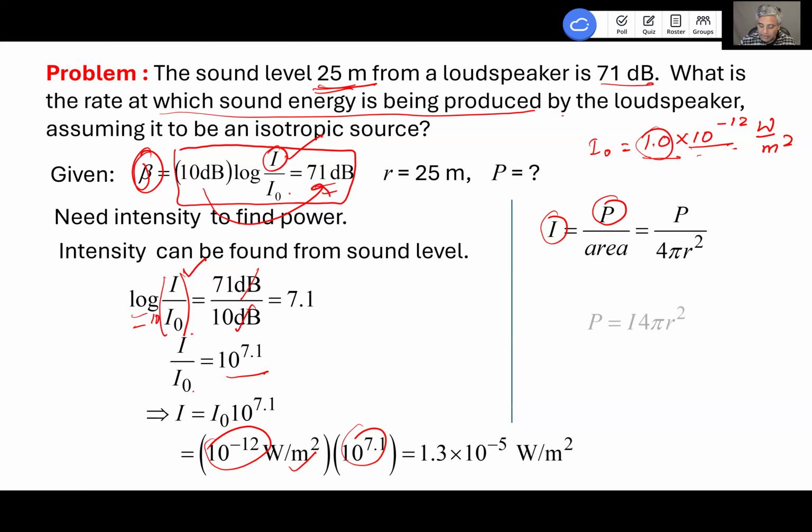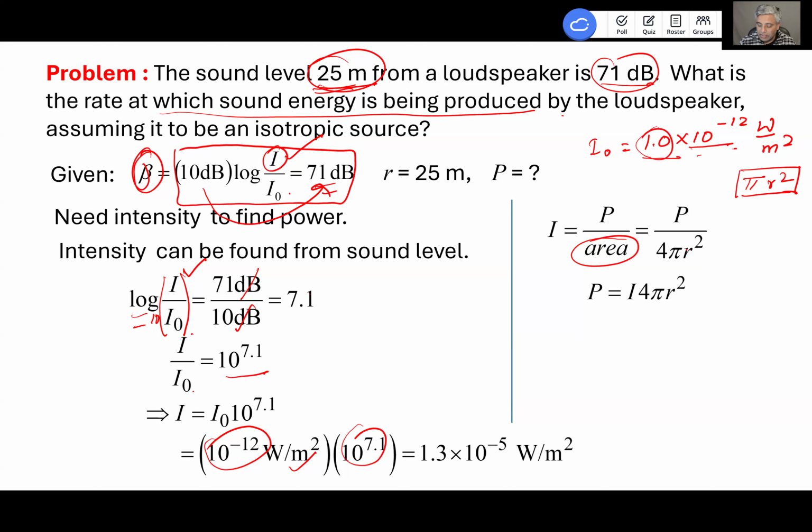Okay. So now we have intensity. Now we can find the power, right? The decibel level we received was at 25 meter. So we can use that. And by the way, the area of a circle is pi r square. But when sound travels, what happens? It goes in all directions, up, down, left, right.